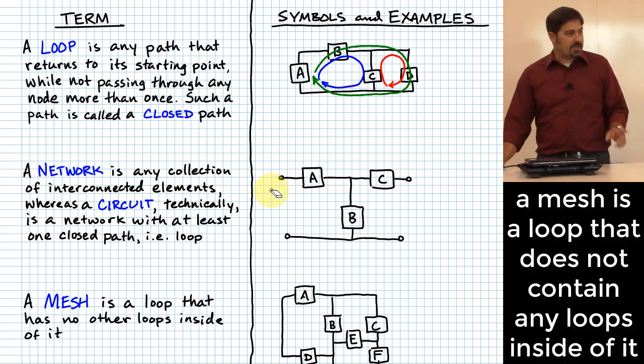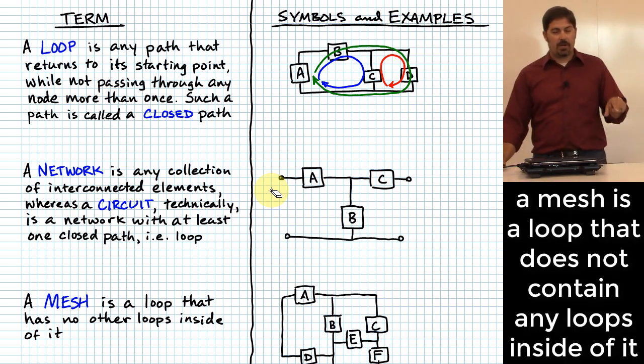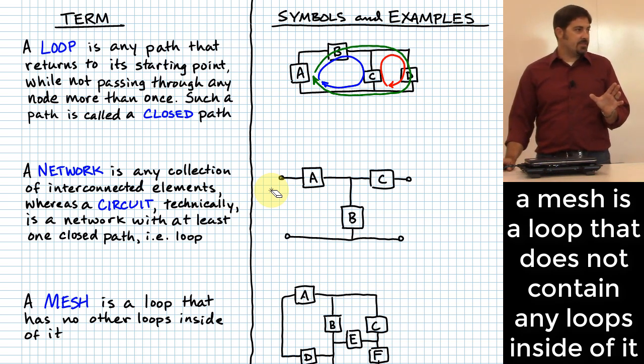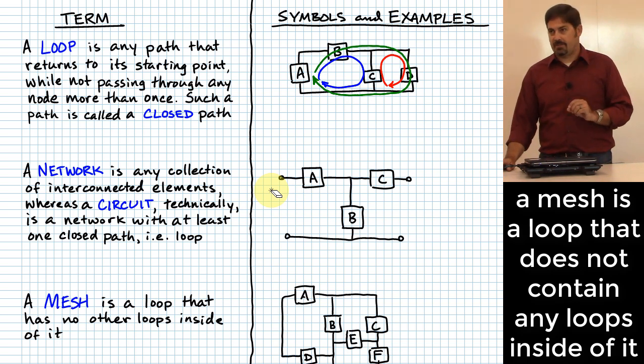All right, now here's an interesting one that we won't talk about a whole lot more until several class meetings from now, but that is the word mesh. A mesh is a certain type of loop. It is a loop that doesn't contain any loops inside of it.